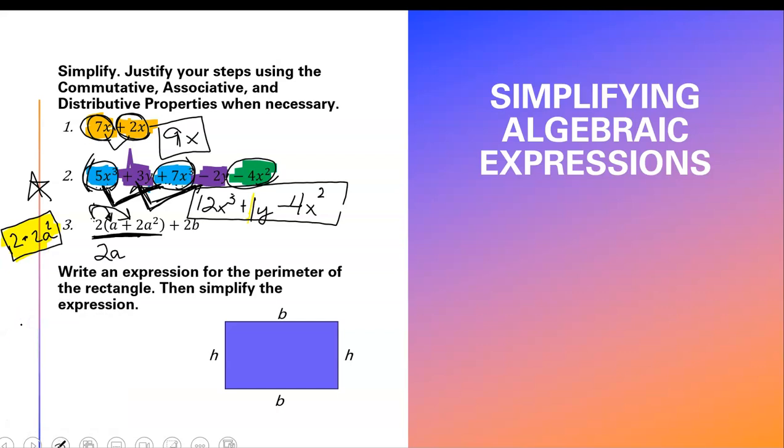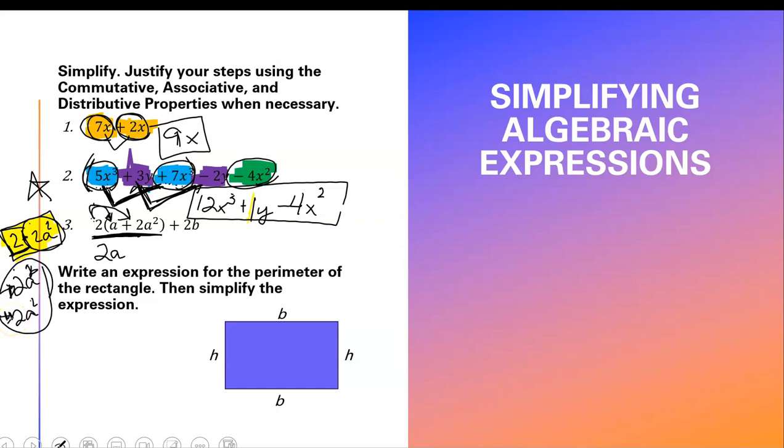Multiplication means repeated addition. That means there are two groups of 2a squared. So whatever 2a squared is, there's one here and there's one here. There's two of them. And then we're going to add them together.